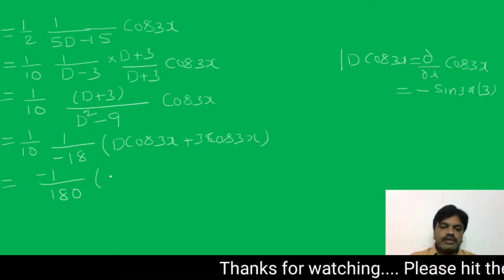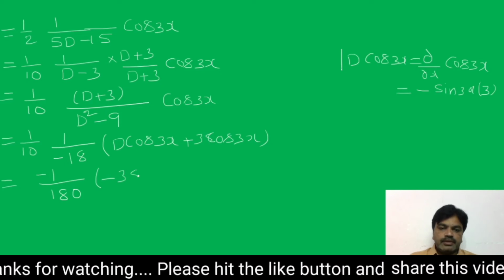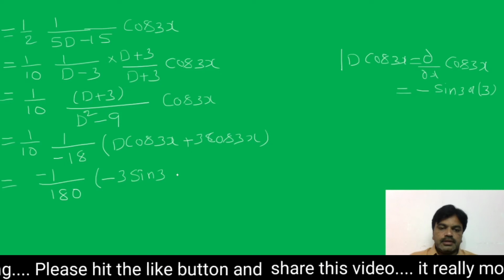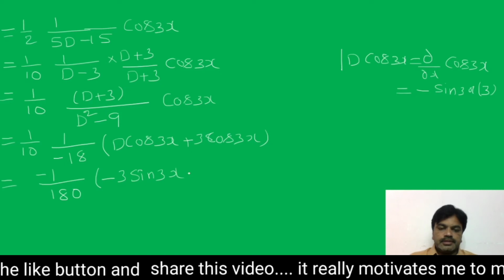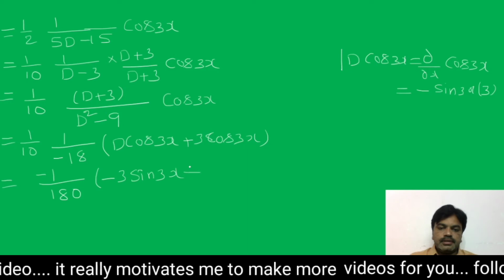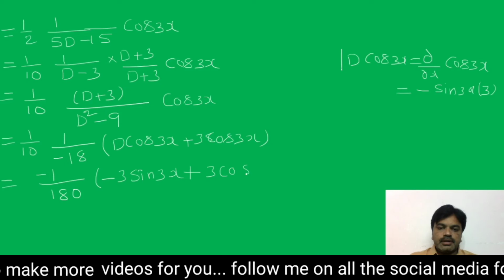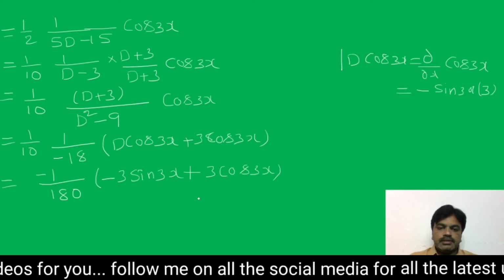So here it can be written as minus 3 sin 3x plus 3 cos 3x.